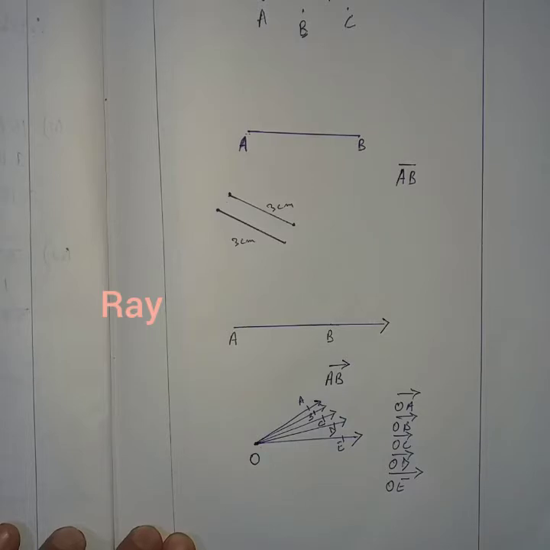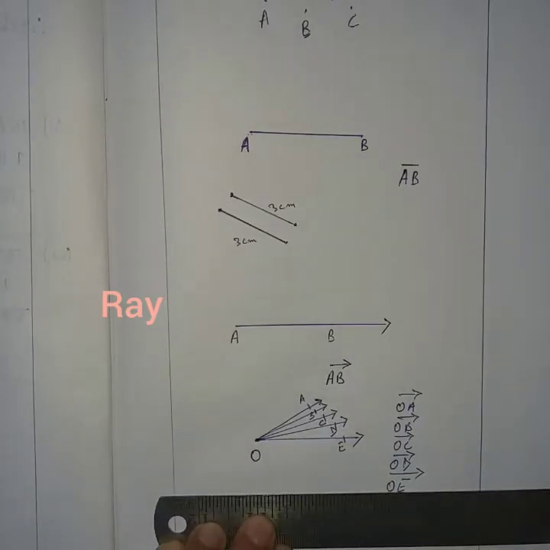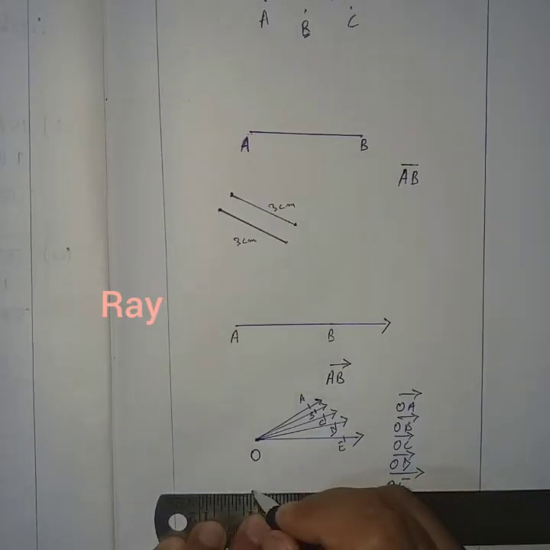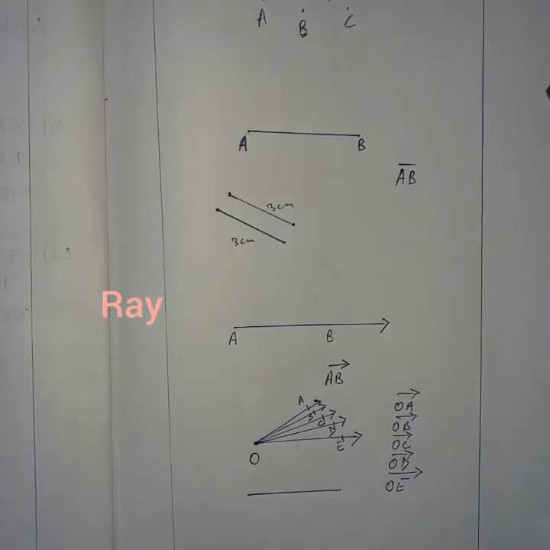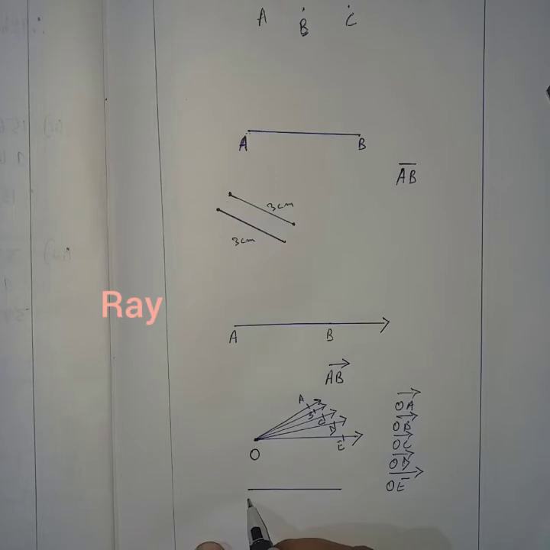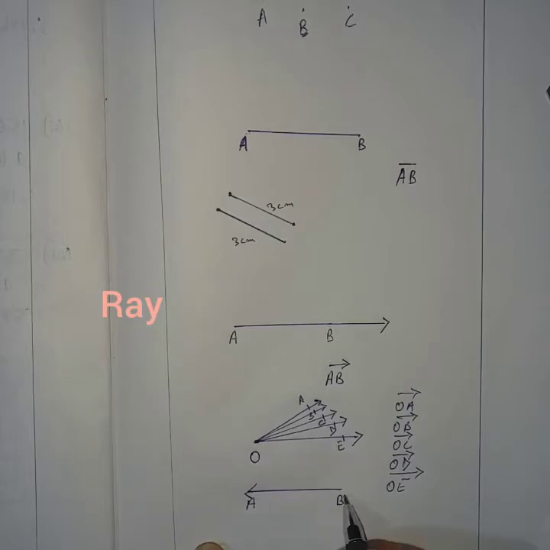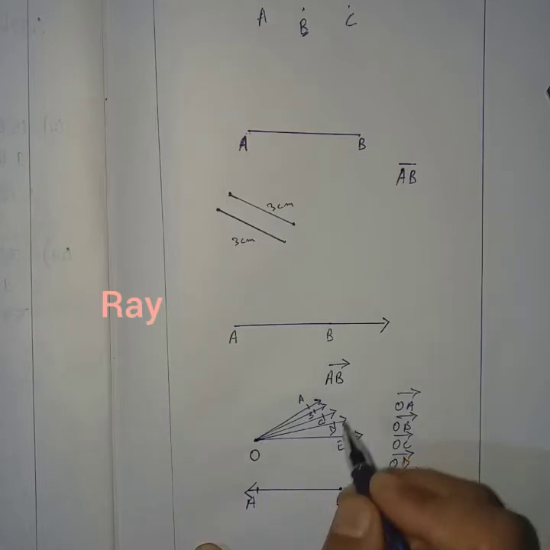Suppose two rays are there. This is BA. Okay, BA, initial point is B, and this side the ray is moving towards A. So BA, this is the ray.